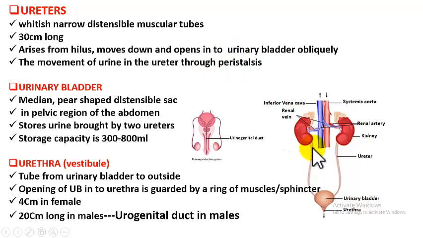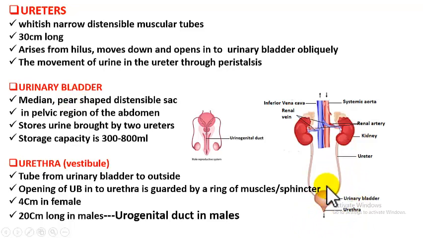Because of peristaltic movement, that is contraction and relaxation of muscles, the urine is sent into the urinary bladder. Understood? ఇవి చాలా నారోగా ఉంటాయి కదా, pipes are very narrow. So to pass the urine, they have to contract and relax so that the urine reaches the urinary bladder. That is about ureters. Next is the urinary bladder.